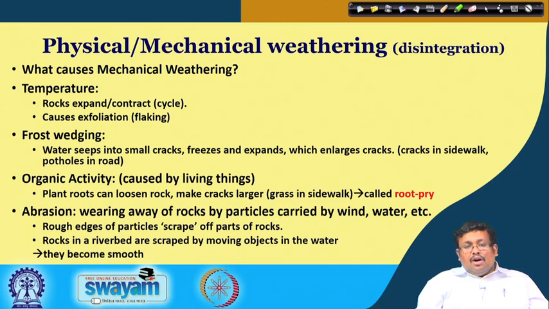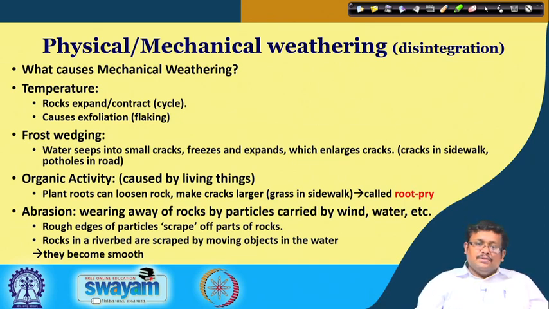So, there will be contraction and expansion, and as a result, due to the lower confining pressure, a sheet of rock will break apart from the original rock, and this is called exfoliation or flaking.